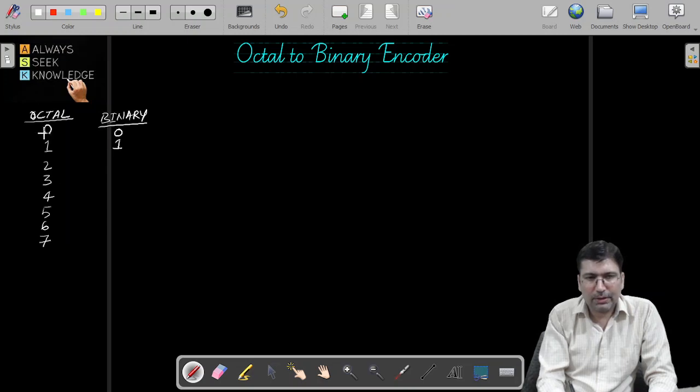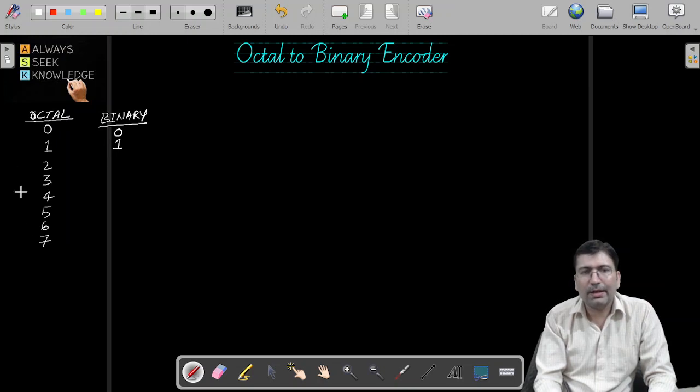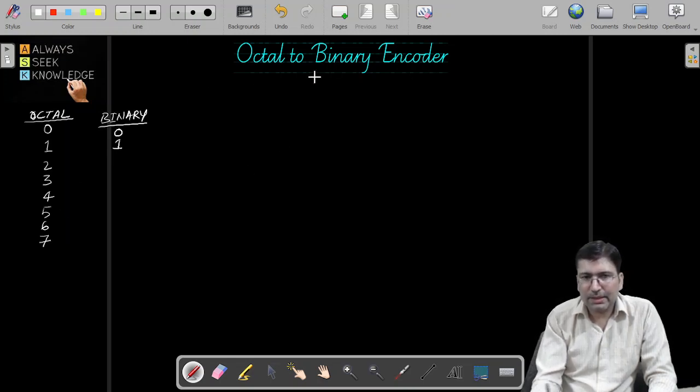It is also well known that if we try to convert 8 numbers into binary, to get 8 different values we need a 3-bit representation, right? So for octal to binary conversion, we can have an 8 cross 3 encoder.